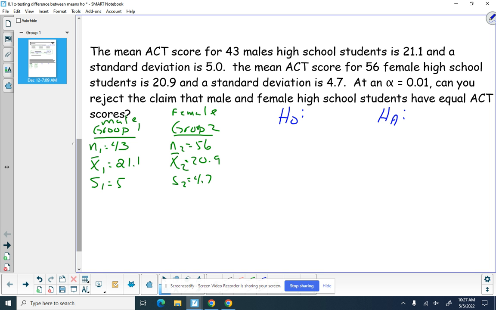Equal to, not equal to. Once again, equality always goes with the null hypothesis. So we have mu1 equal to mu2 and mu1 not equal to mu2.